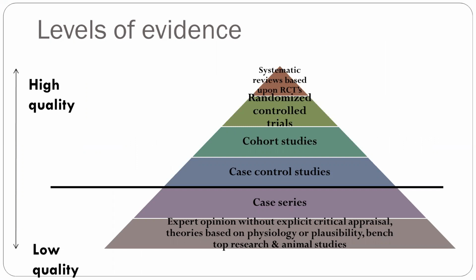This is the pyramid of evidence, which most of us are aware of, where case series, animal studies, and other reviews are kept as low quality at the base of the pyramid. As we go towards the apex, we go from case control to cohort studies to RCTs, and then systematic reviews and meta-analyses are at the tip of the pyramid, which are considered high quality evidence.